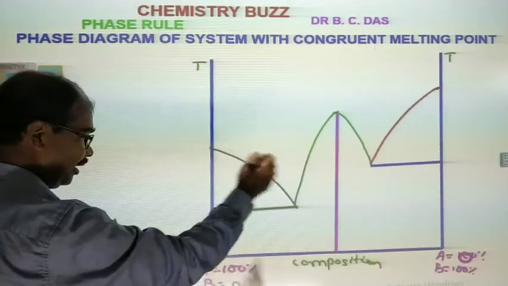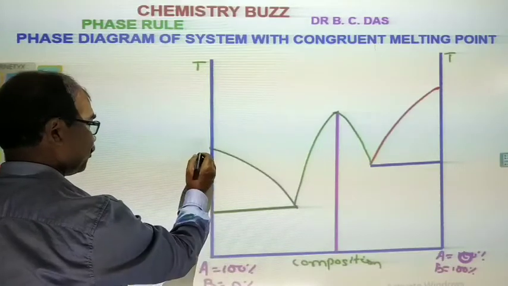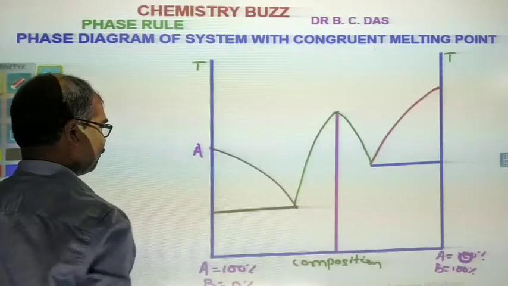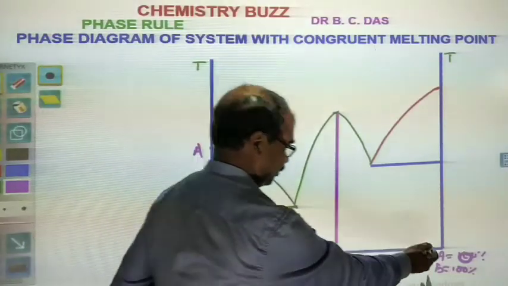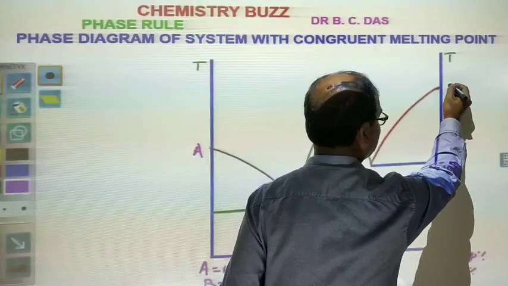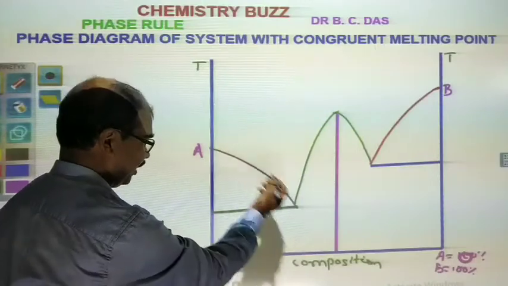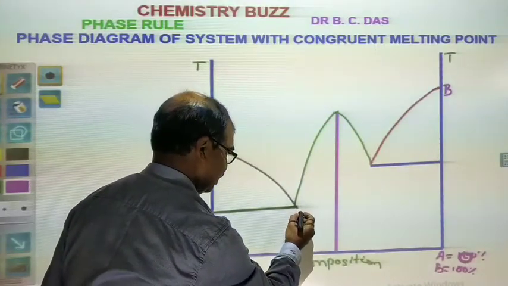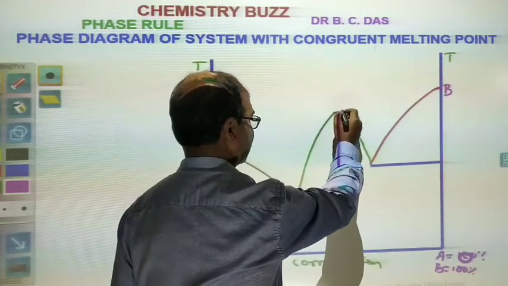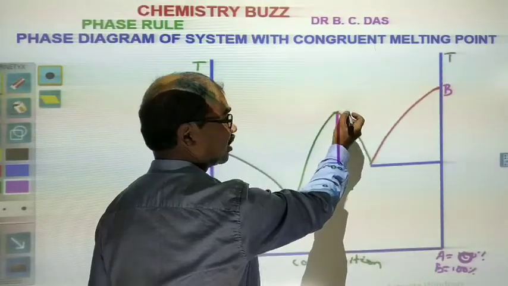So we mark the different points. For pure A, the melting point is this, this is A, and for 100% B, the melting point of B is B. We have the eutectic, say it is C, and this point is the congruent melting point, as I explained yesterday.